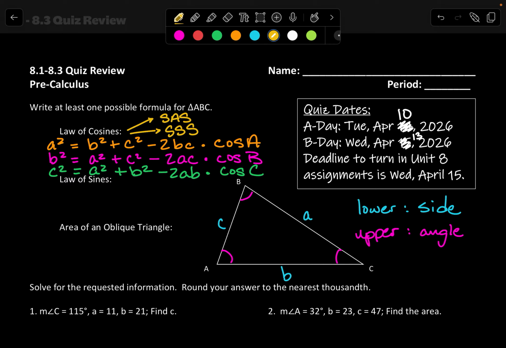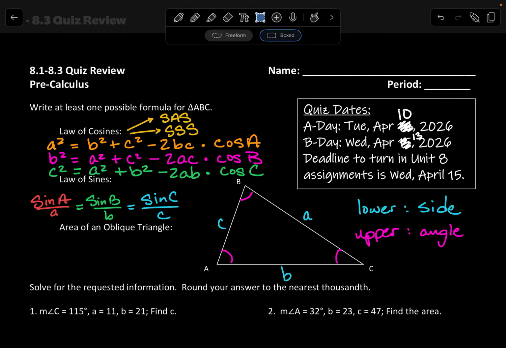Law of sines is when everything can be set up as a proportion. So you could say sine of A over a equals sine of B over b equals sine of C over c. And these can also be flipped. By that, I mean you could do, let me shrink this a little bit.